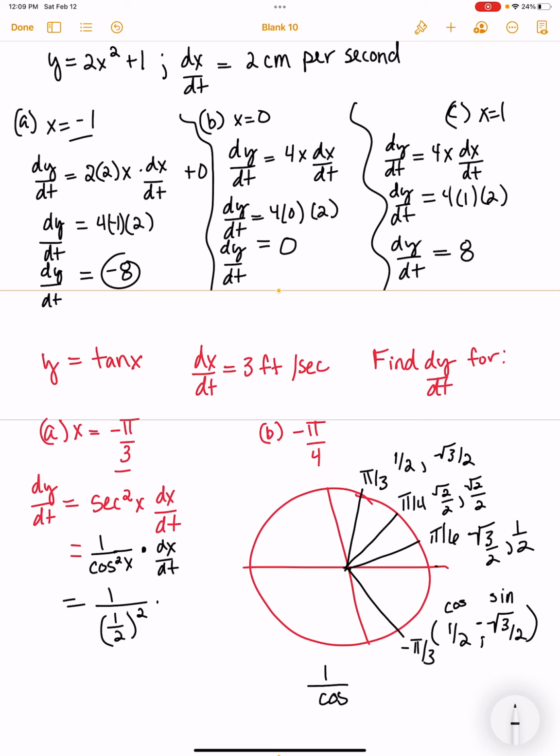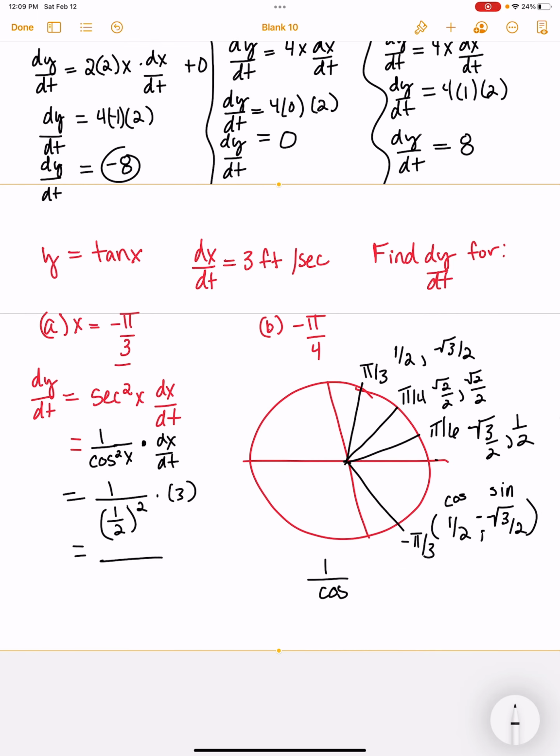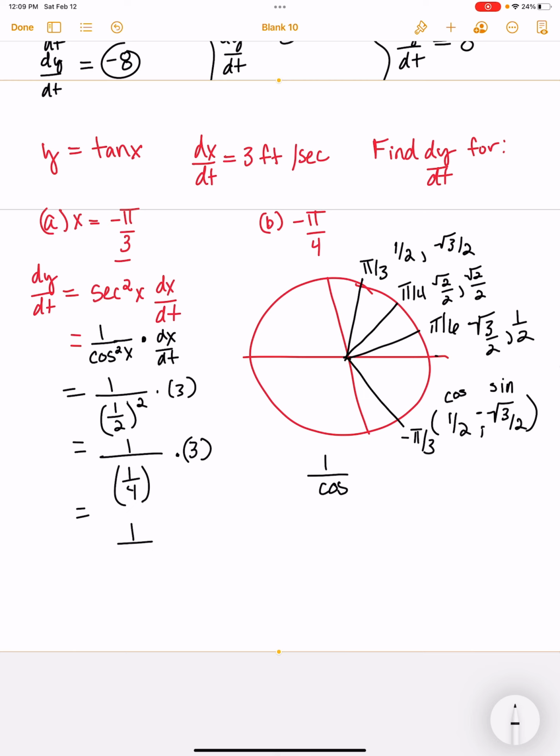And so times dx/dt. dx/dt is given as 3. So remember we talked about dividing. We can also just go ahead and square this. So 1 squared is 1. 2 squared is 2. Then if I were to multiply by the reciprocal of this, it's just going to be 1 times 4 over 1, right?